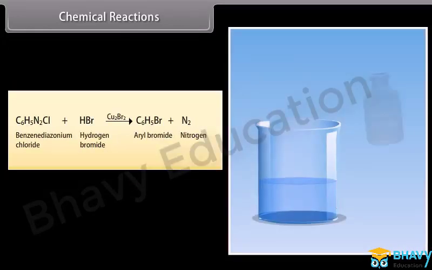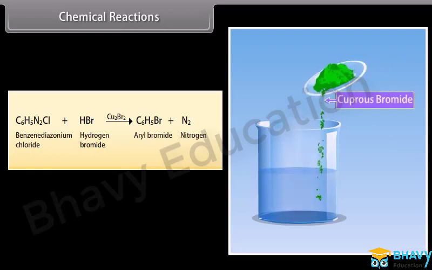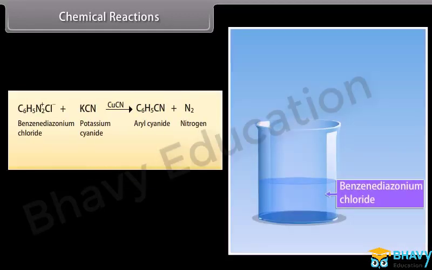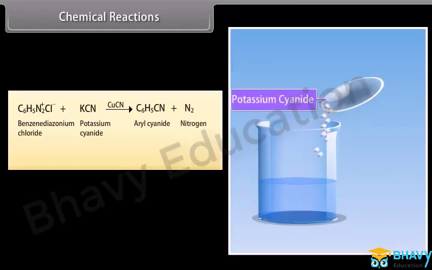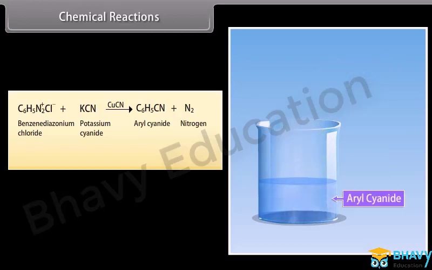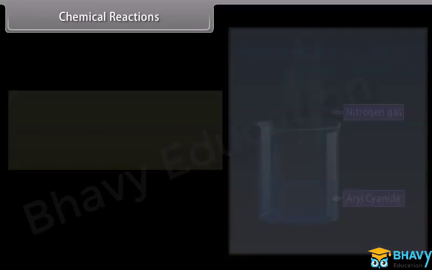With hydrogen bromide and cuprous bromide it yields aryl bromide, and with potassium cyanide and cuprous cyanide it yields aryl cyanide, evolving nitrogen gas. These reactions are known as Sandmeyer reactions.